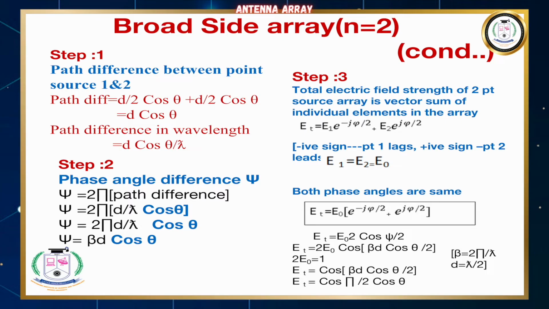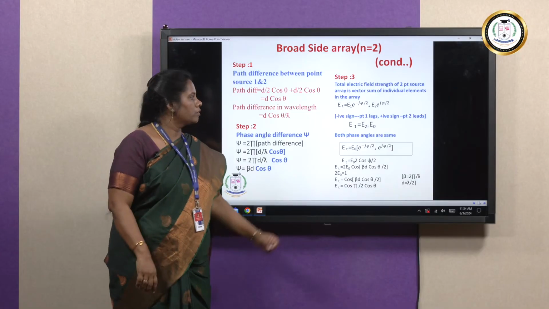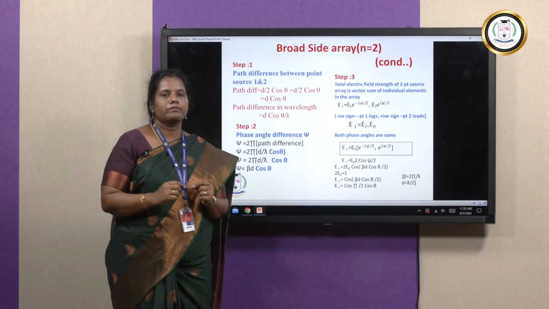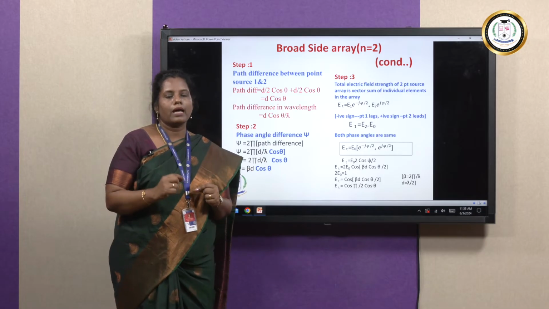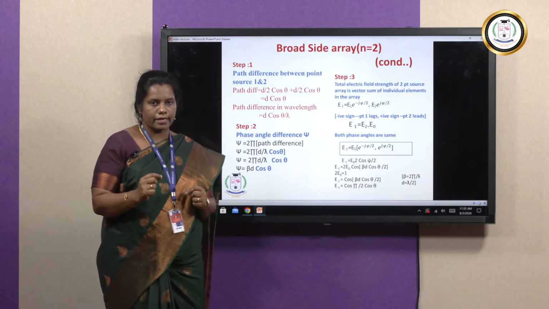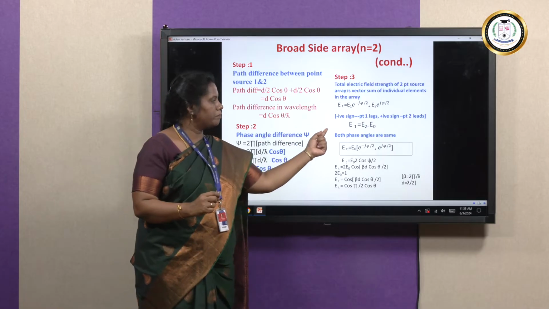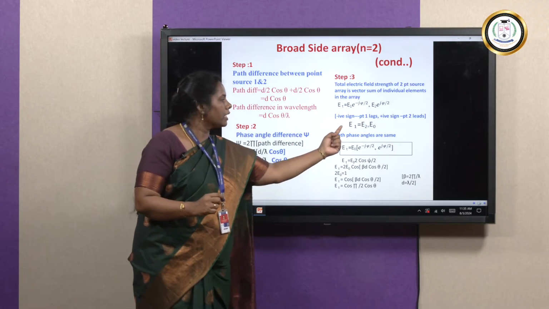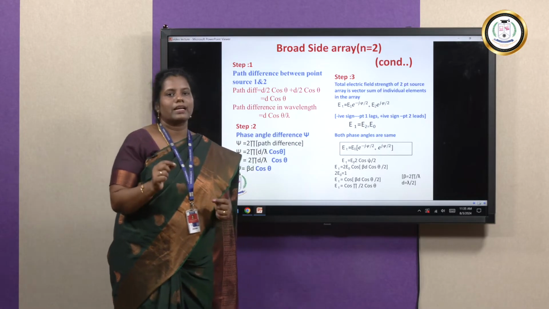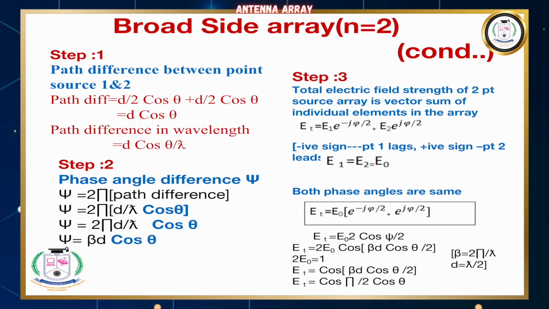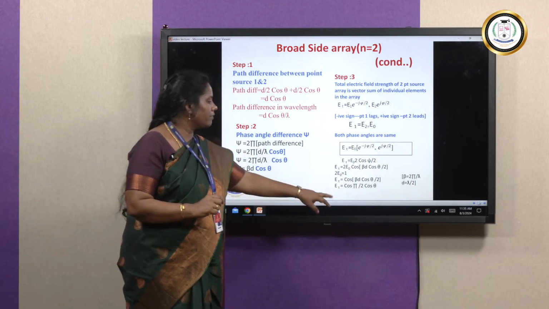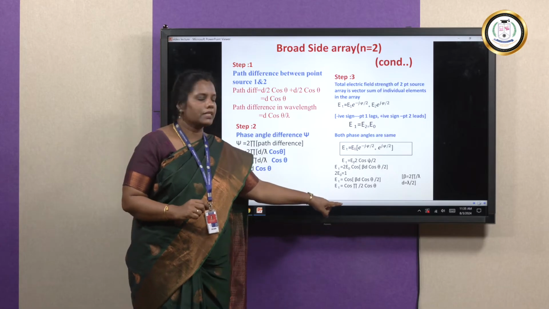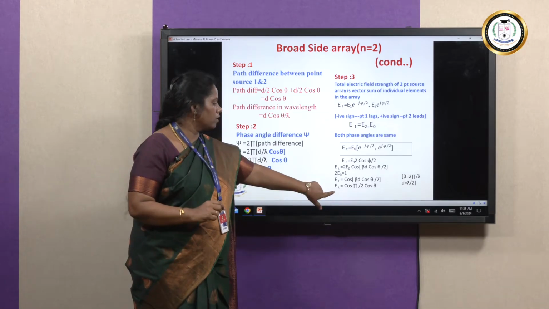Since the configuration we are discussing here is equal amplitude and in phase, E1 is equal to E2, which is taken as E0. So the phase terms are e power minus j psi by 2 plus e power j psi by 2. Calculating, finally we will get the total electric field strength as cos of pi by 2 cos theta.